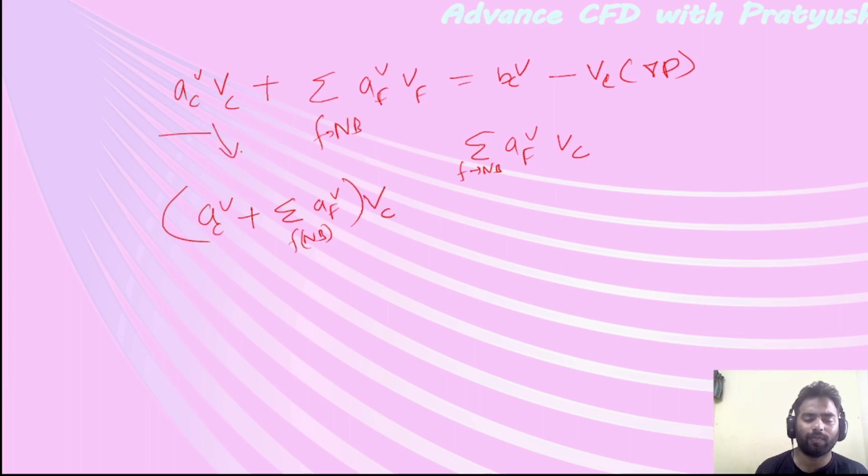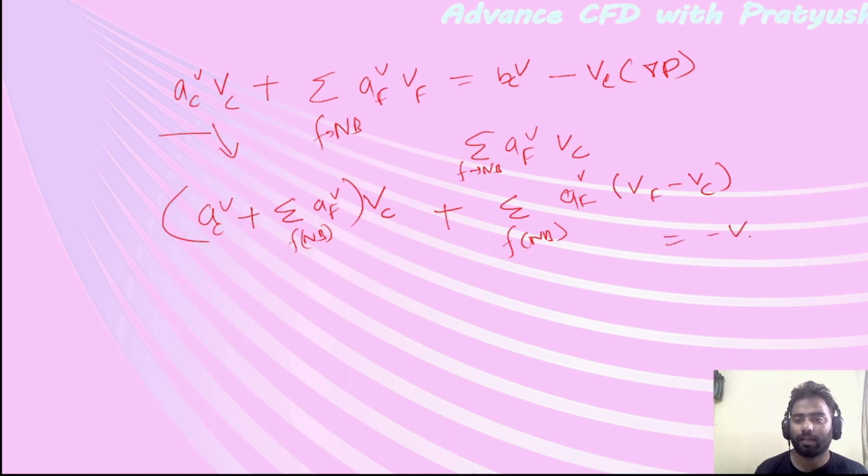So here we are adding this term, and in the next term AFV will be common, and this will be VF minus VC, equal to minus VC into del P plus VC into V. So we are adding this term once and then subtracting it once.